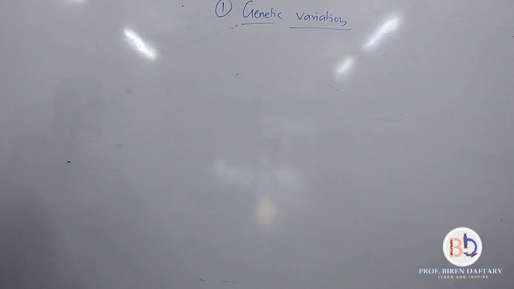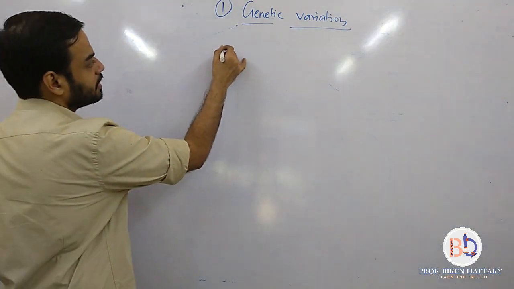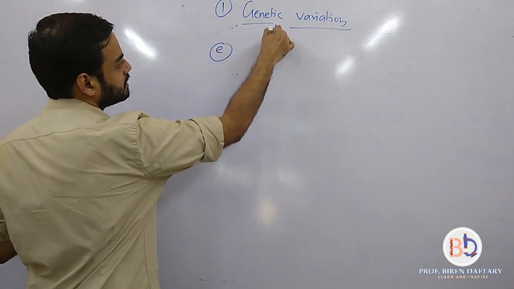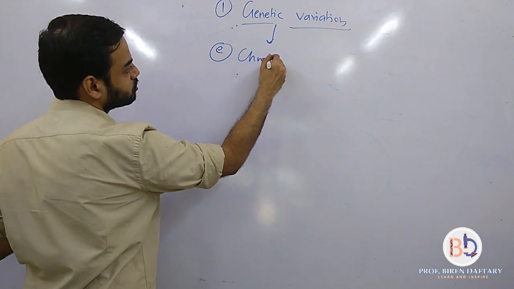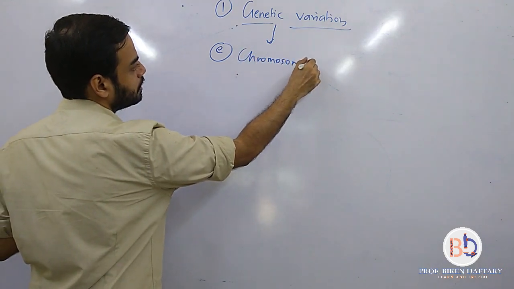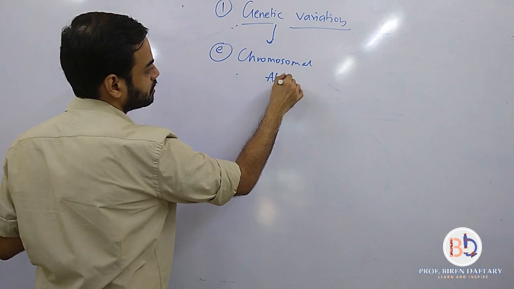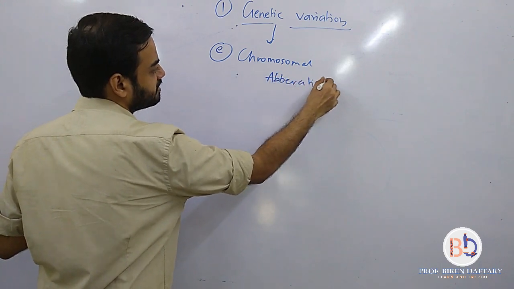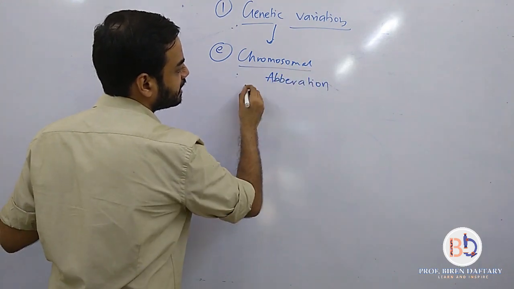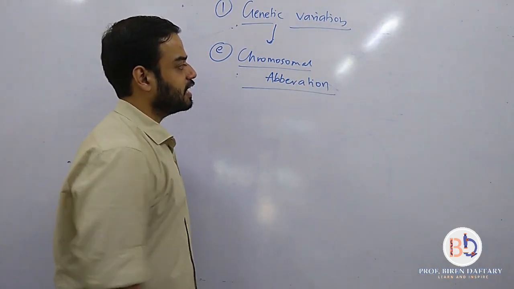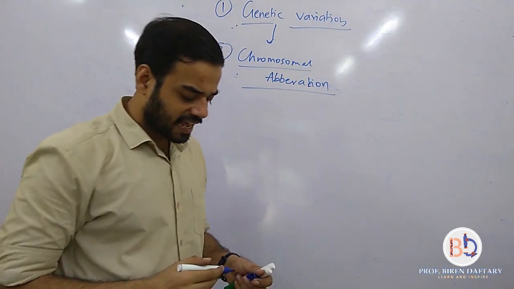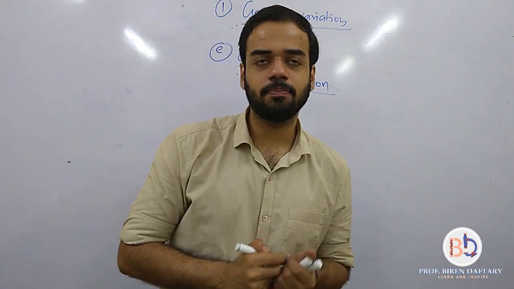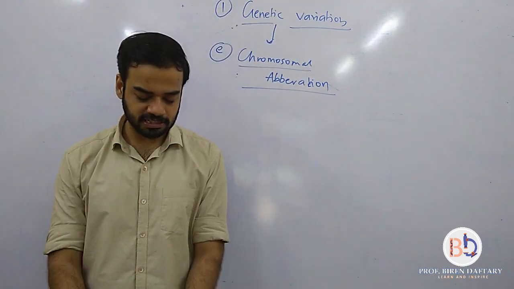Alright, so let me write it down over here. The last factor causing genetic variation is called as chromosomal aberration. Now what is the meaning of aberration? Aberration means damage. Okay, please remember, aberration means damage.